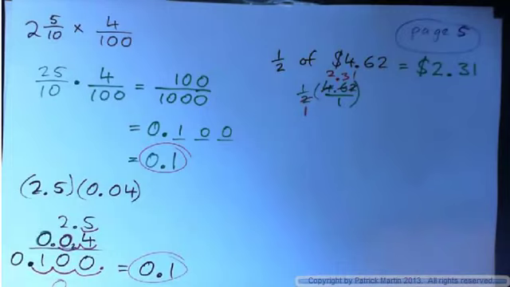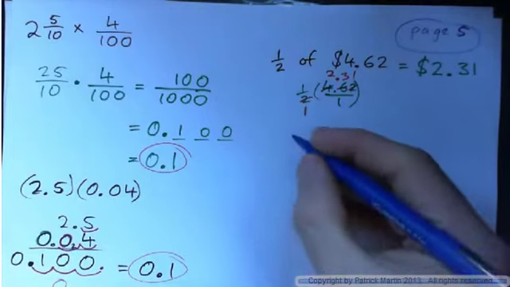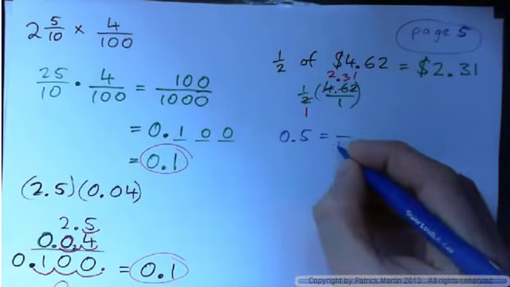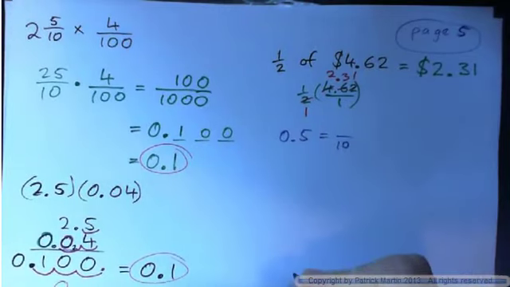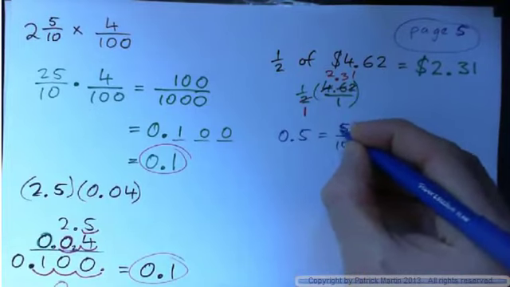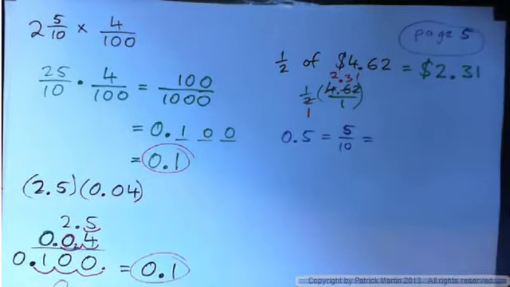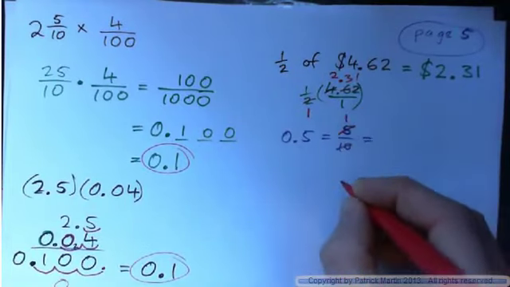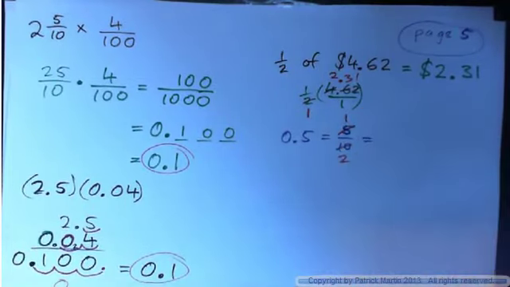Okay, so also I'd like you to remember that 0.5 is how many tenths? 0.5 is 5 tenths. Now put that fraction in lowest terms, what do you get? 5 into 5 goes once, 5 into 10 goes twice. That's a half, right?